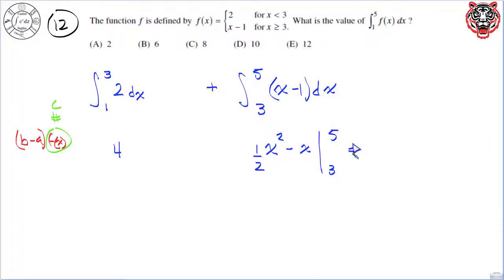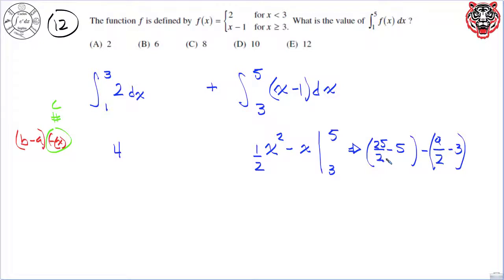So what is that going to be? When we plug in 5, we're going to get 5 squared, which is 25, and then half of that, so that's going to be 25 over 2 minus 5. So I'm going to actually write that all out because I'm going to forget. So that was 25 over 2 minus 5, and I'm going to subtract when I sub in 3. 3 squared is 9, half of that is 9 over 2, and minus 3. So don't forget your parentheses here.